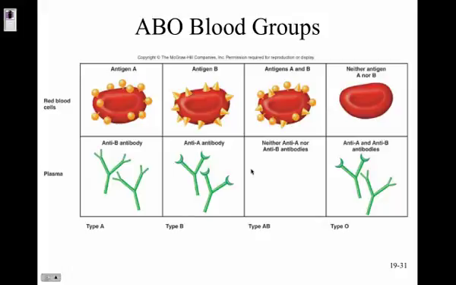So you can basically receive any type of blood except for O. In smaller amounts. Wait, I take that back. You have to get only AB blood. That's right.